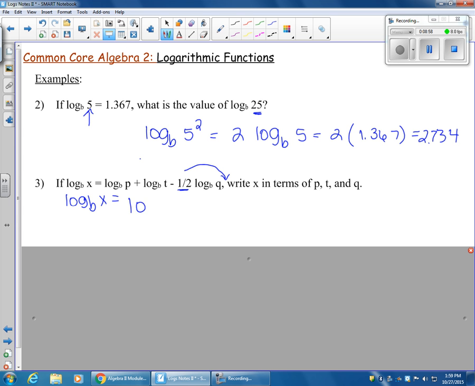So I have log base b of p. Plus means times, so times t. Minus means division of q, and the 1/2 is out in front, which moves to the exponent, so the 1/2 power. The question's asking you to write x in terms of these numbers. So basically what it's saying is we have log base b, so therefore if those are the same, then x must be equal to pt divided by q to the 1/2 power.